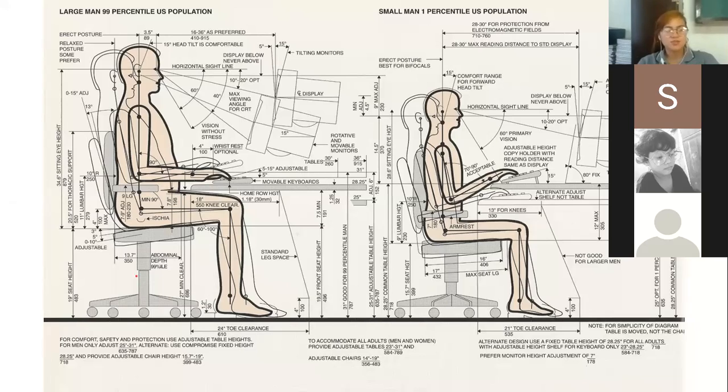Any heights. So if you'll have a table and a computer on the table, basically the horizontal line of sight is what you look at. This shows vision without the stress.